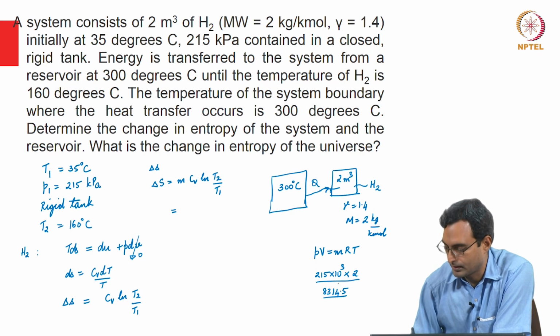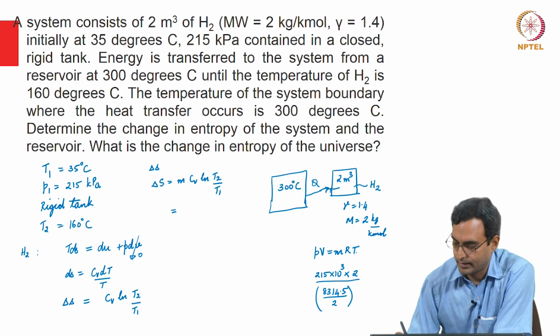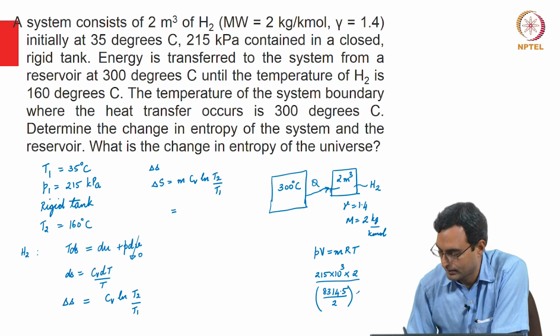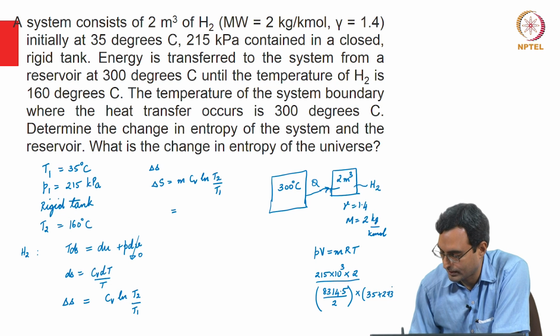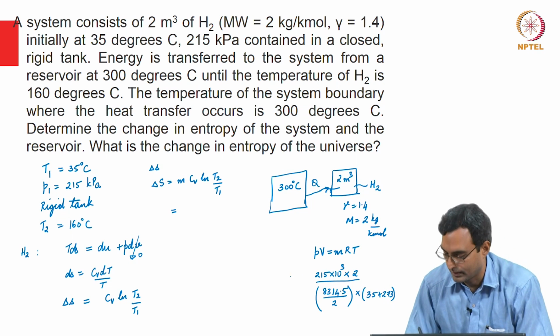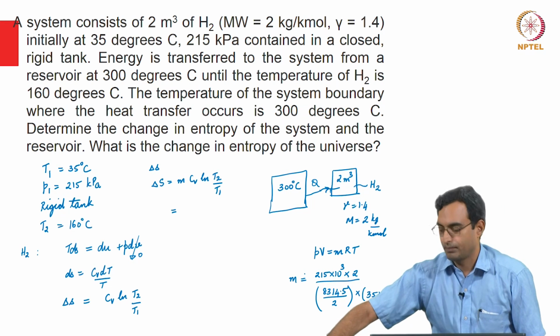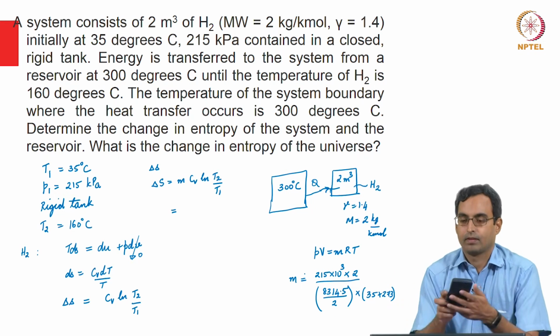Molecular weight is 2 kg per kilomole. This is R, and the initial temperature was 35 degrees, that's 35 plus 273 in Kelvin. So this is the initial mass, and the mass does not change. So the final mass should be the same. So let me find out.